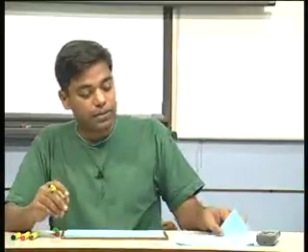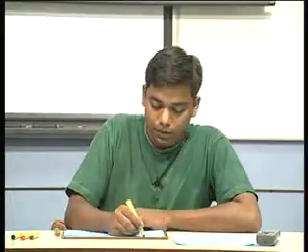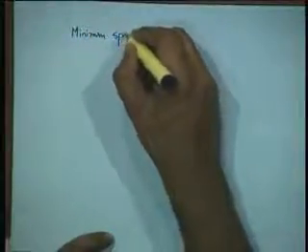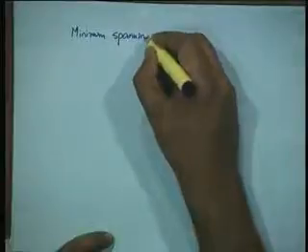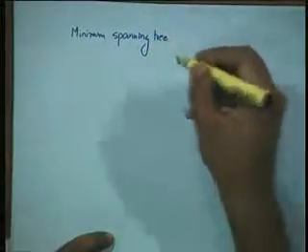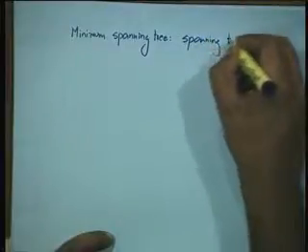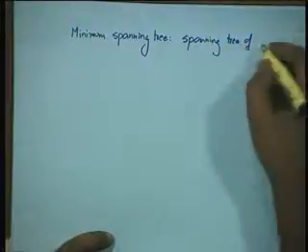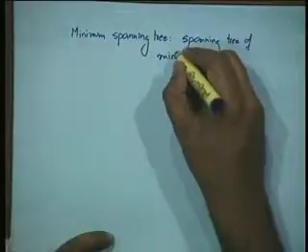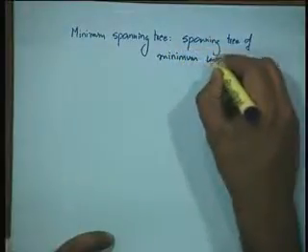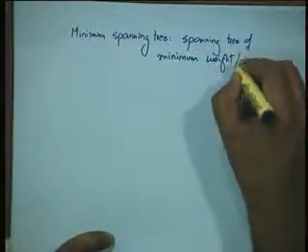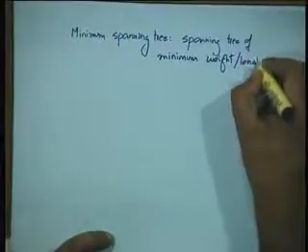So, now what is a minimum spanning tree? A minimum spanning tree is a spanning tree of minimum weight. Sometimes I will use the term weight, sometimes I will use the term length, one and the same thing.